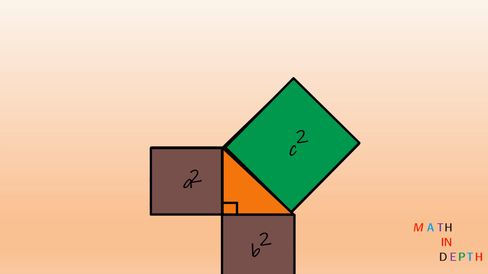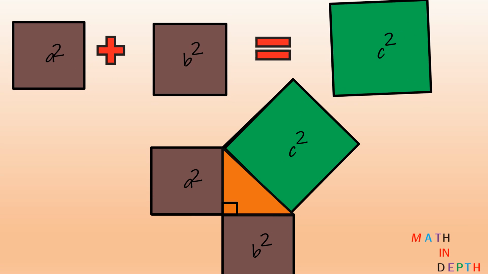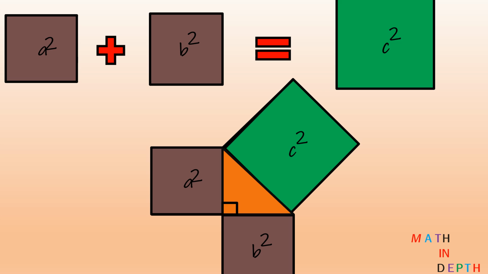Now here what it becomes is that a square plus b square is becoming c square. It means what it states, that the square of the hypotenuse is equal to the sum of the square of the other two sides.